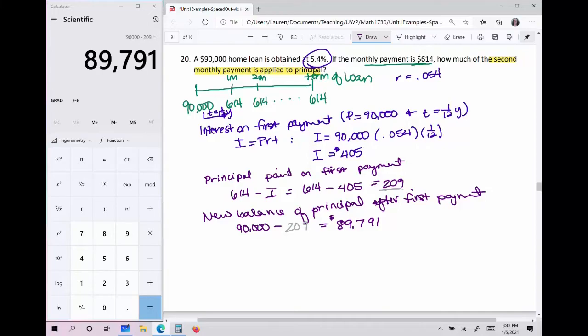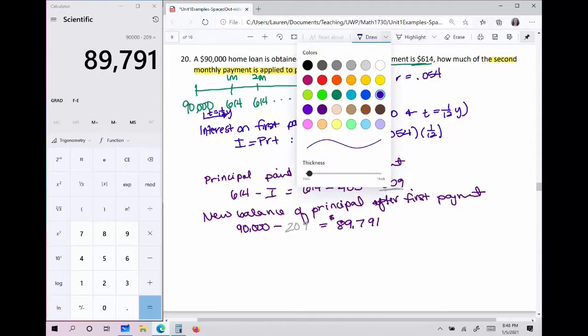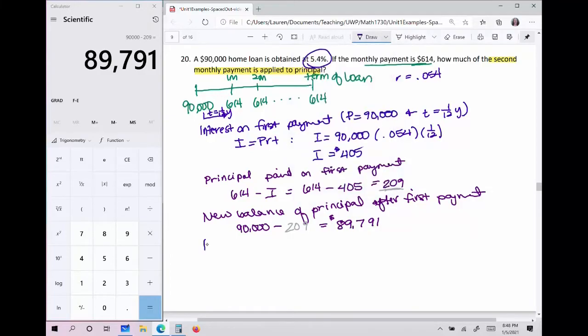Now from here we're trying to figure out how much of the second monthly payment is applied to the principal. We're doing the same monthly payment, so we're going to do that again in blue. Now we have to figure out the interest on the second payment. We use the same formula, I equals PRT.